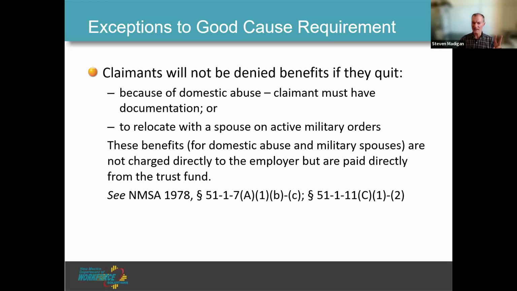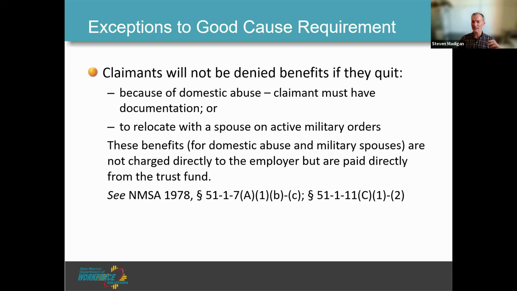These are the two exceptions to the good cause rule. The first of which is the second bullet point here. Someone who has to relocate with a spouse who's on active military orders is allowed benefits. So these are specific exclusions in the law. And then the first one is if they have to quit due to domestic abuse.